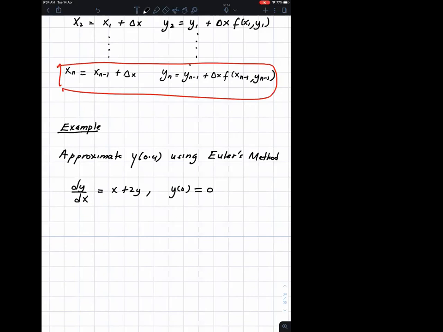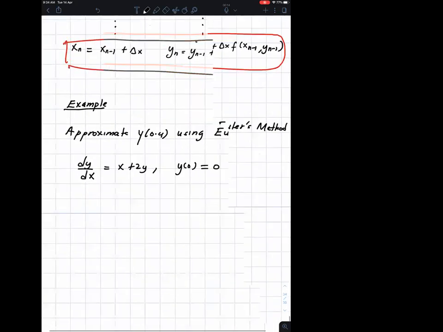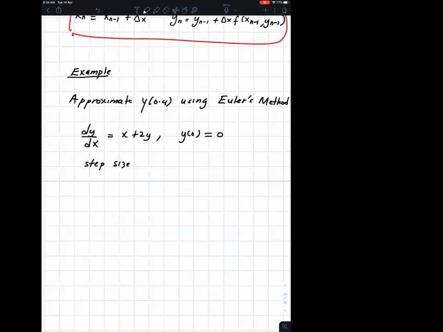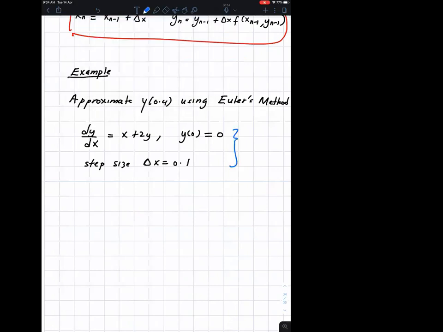And the step size, delta x, also must be given. So all these things are given to you.